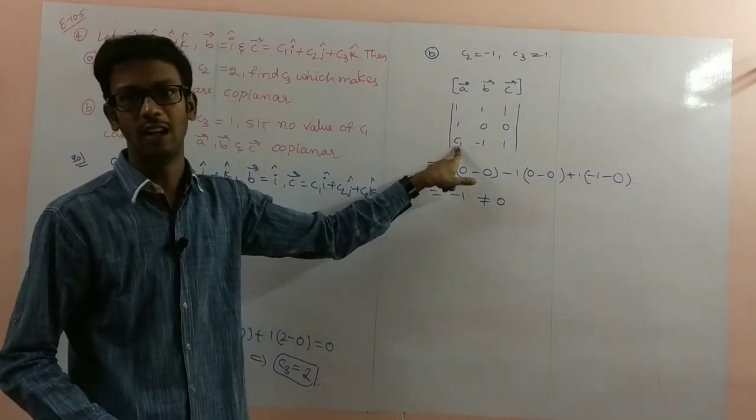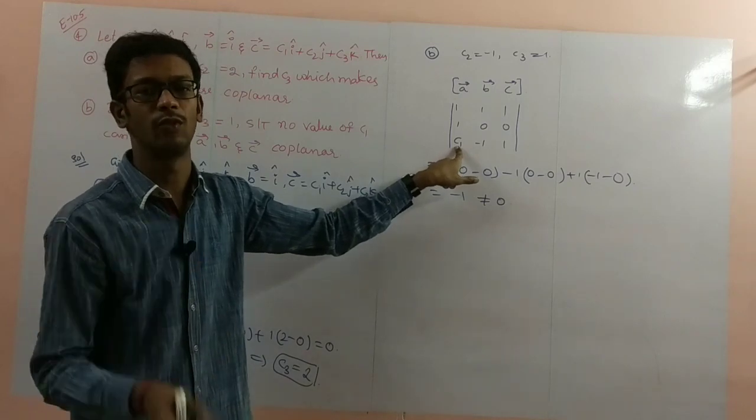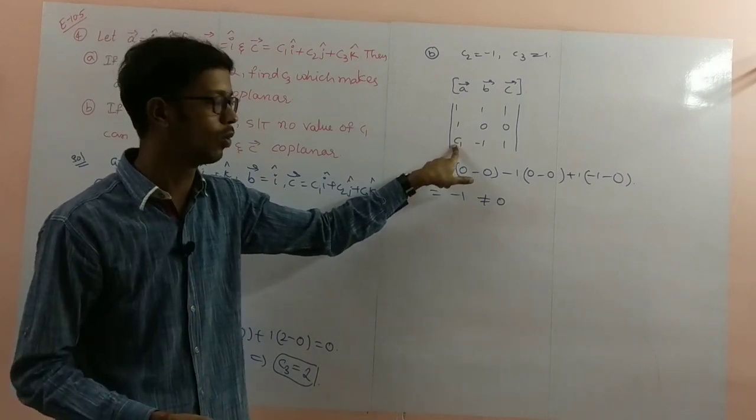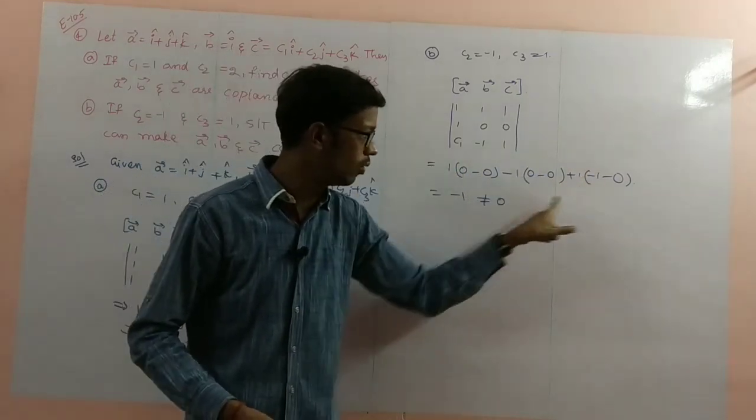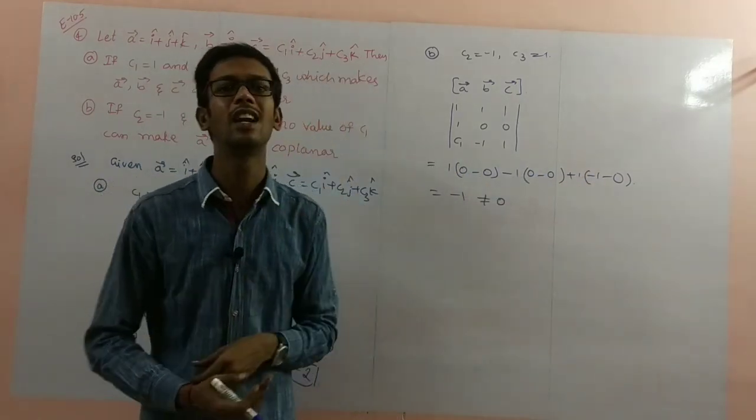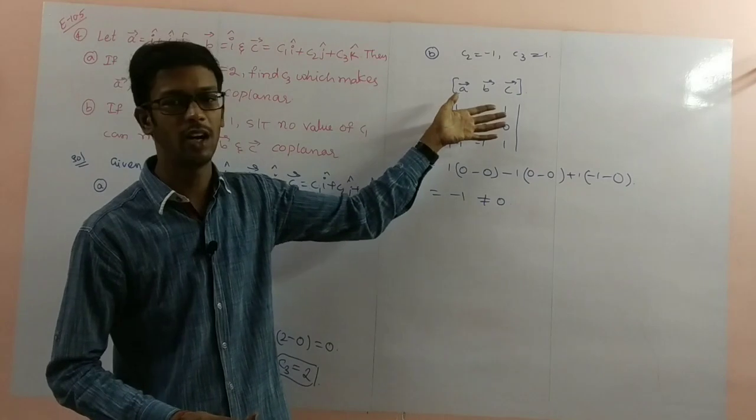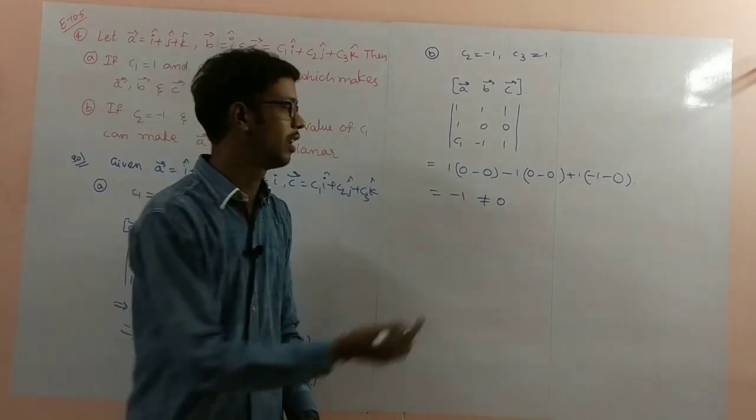C1 is any value. You can substitute 1000, or 1, 2, 3. In this determinant there is no C1; it does not depend upon C1.